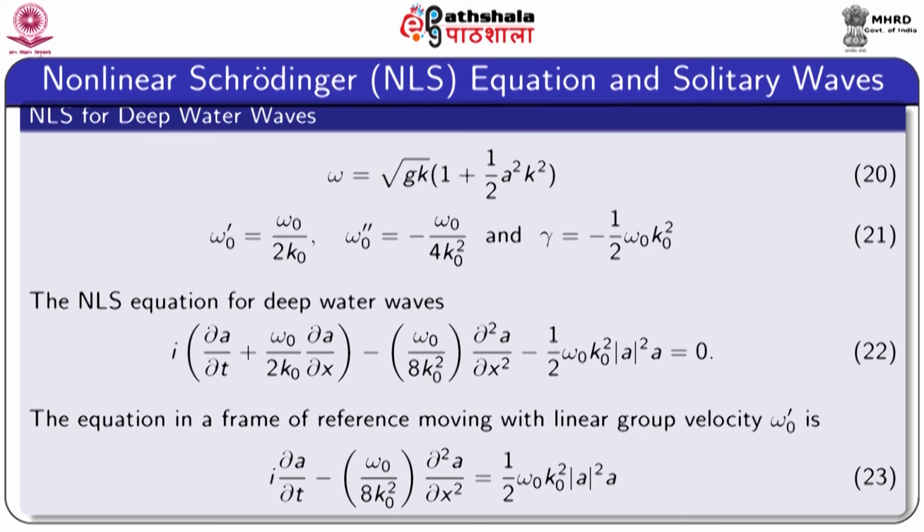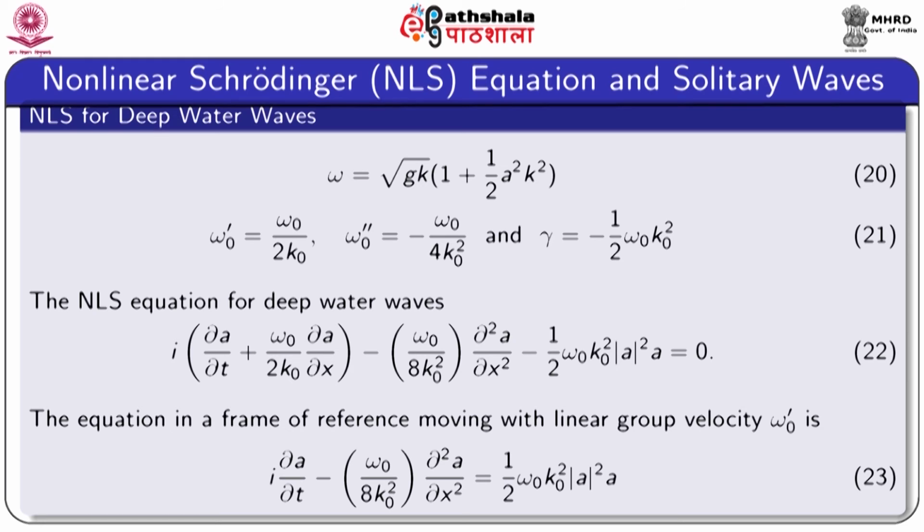From this relation we can find the values of omega 0 dashed, omega 0 double dashed and gamma, which are written in equation number 21. Now, substituting these values in the amplitude equation, we get the nonlinear Schrodinger equation for the deep water waves problem, which is written in equation 22.